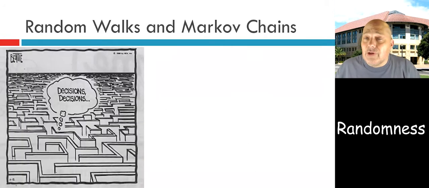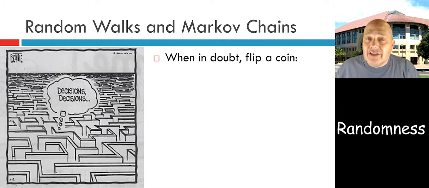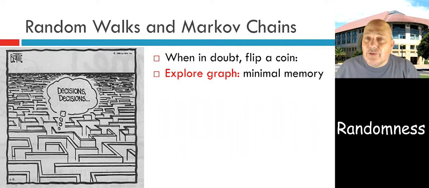Random walks and Markov chains. An amazing thing is that if you're walking in a graph, walking in a maze, and you flip coins, you can get out of the maze, as long as there is some way to get out of the maze or get to any other point that you're connected with. So this is a way to explore a graph without needing much memory.